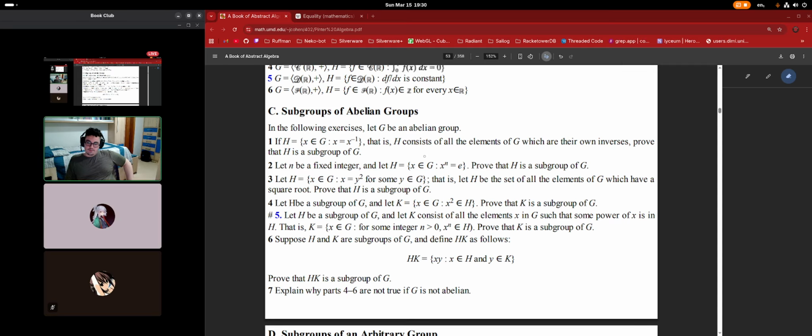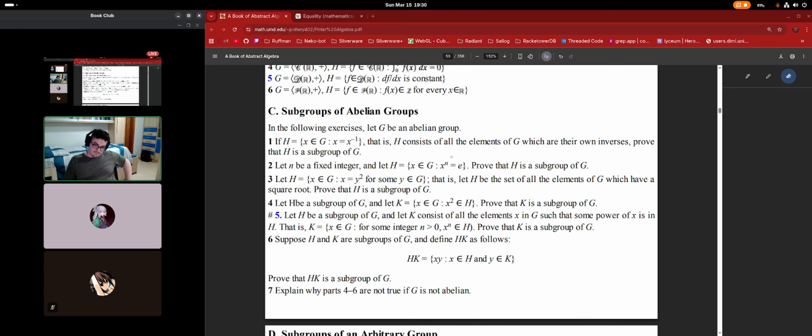Let n be a fixed integer and let H be equal to that. Prove that H is a subgroup of G. So this is essentially saying that the exponent by a fixed integer is equal to the identity element for all elements in G. Is that a subgroup?